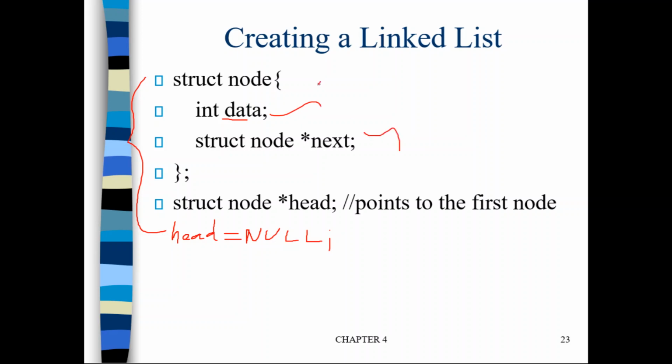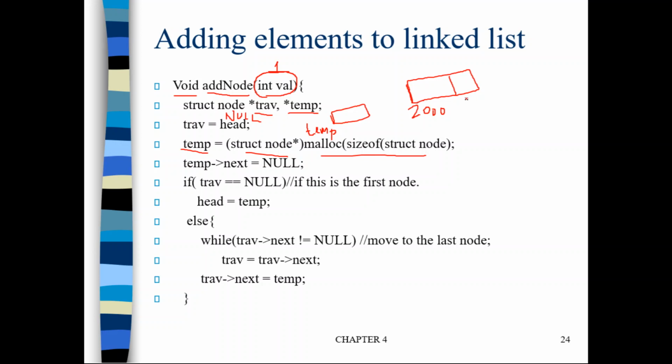Let us assume the data part takes 4 bytes and the pointer takes 8 bytes, so it needs 12 bytes in total. So 2000 to 2011 it will occupy. The starting address 2000 will be stored in temp, which means temp is pointing to the new node we have just created.